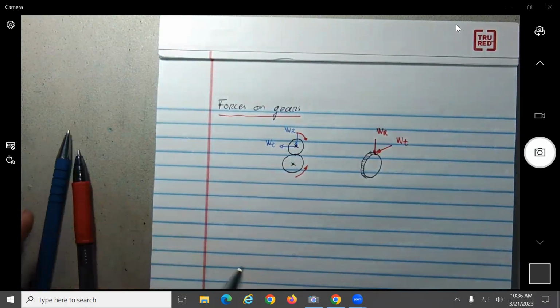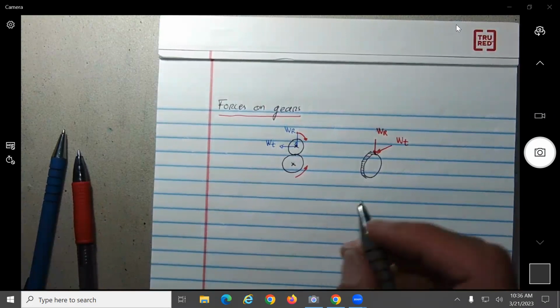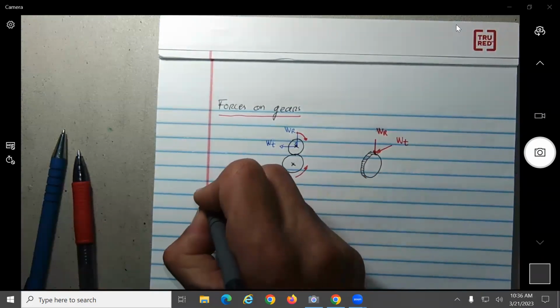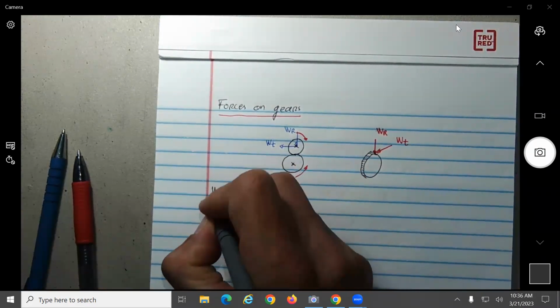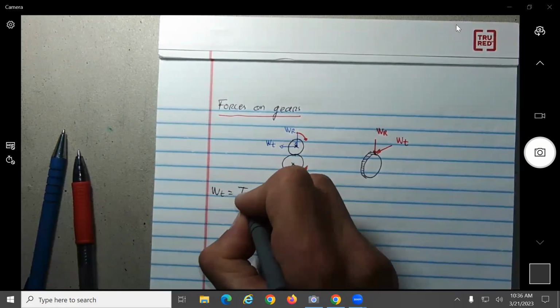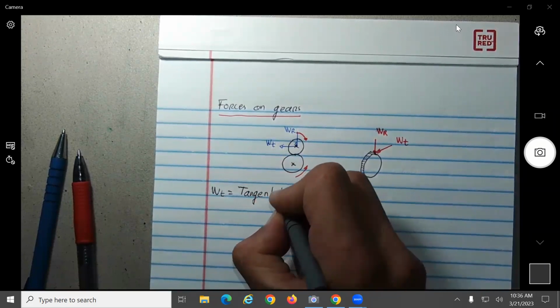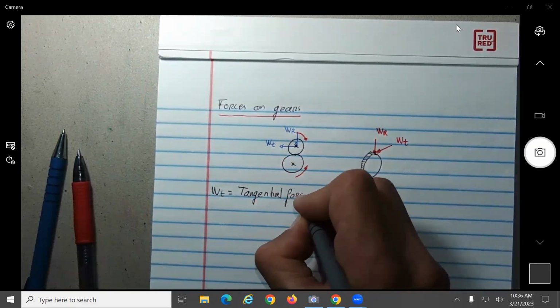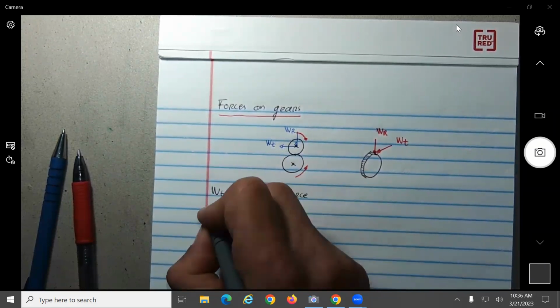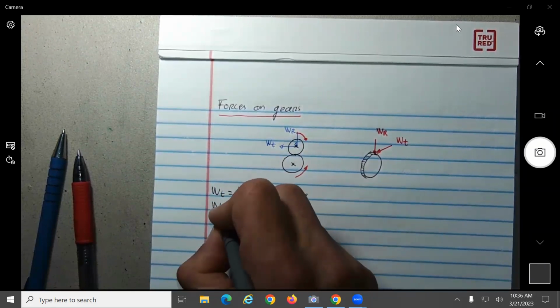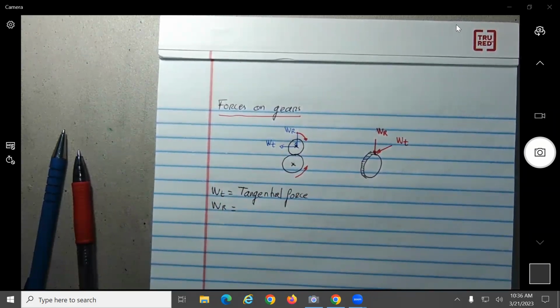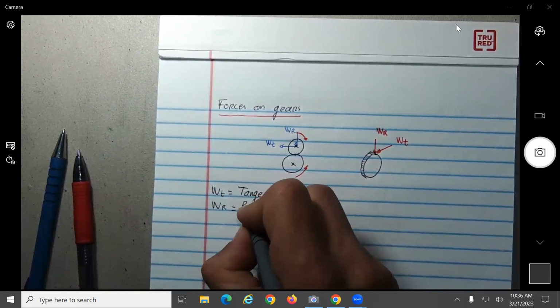Okay, so I need to do another figure, so leave some space. So over here we have W sub t, the tangential force. W sub R will be the radial force.